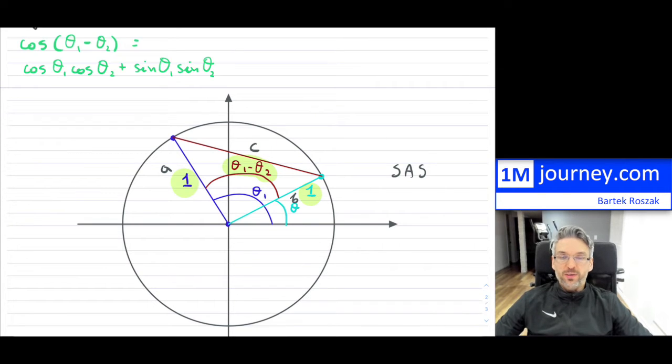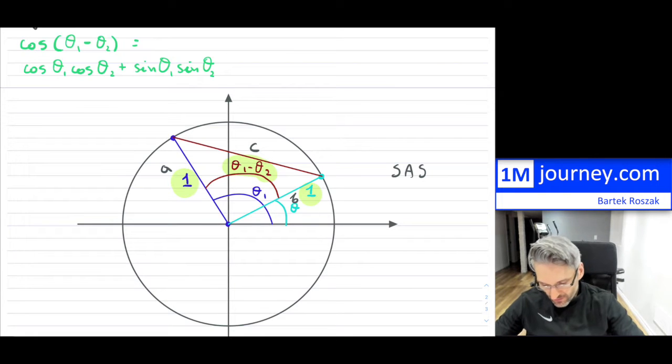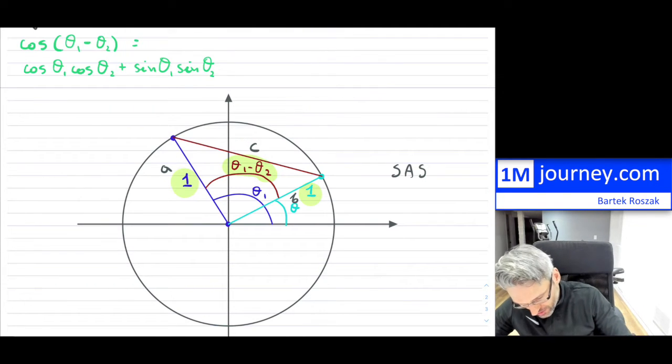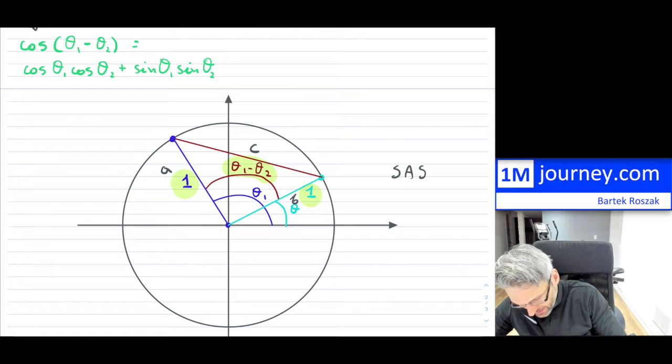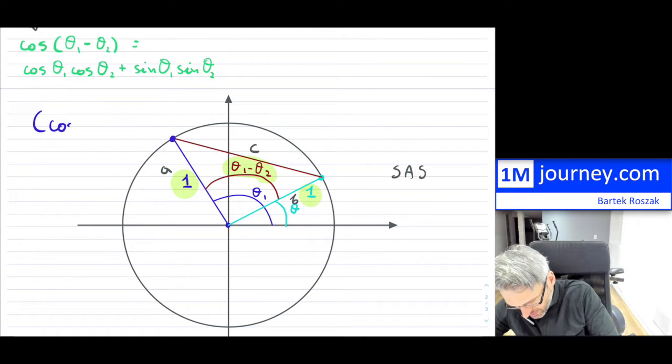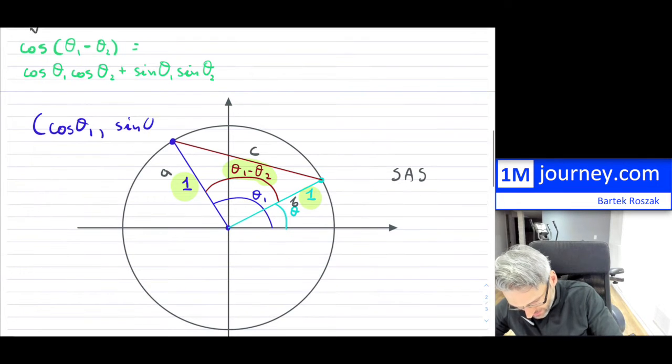Now, I know a little bit more about that C. I can find that C from the fact that I actually know what those points are. So I know what this point is. This point, because it's the unit circle, is nothing else but cos of theta 1, that's the x value. And the y value is sine of theta 1.